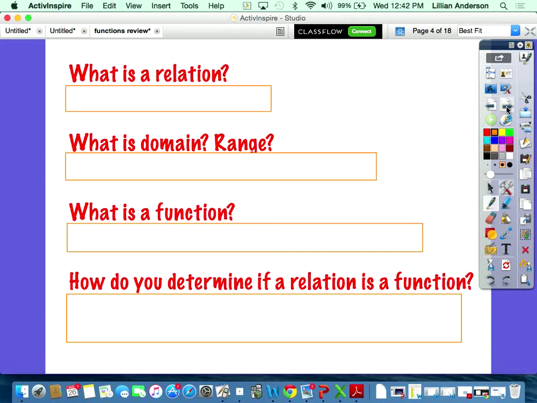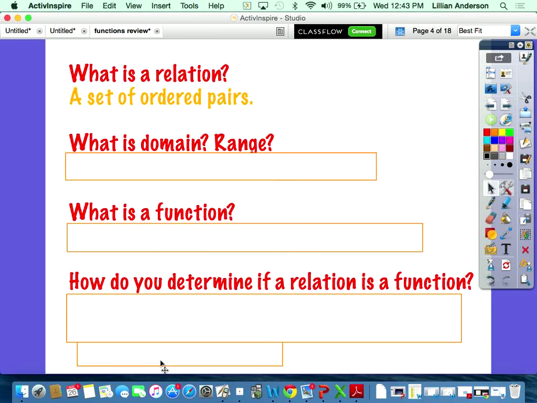Does it have to do with probability? No, not probability. It is a set of ordered pairs. Yes, that is what a relation is.